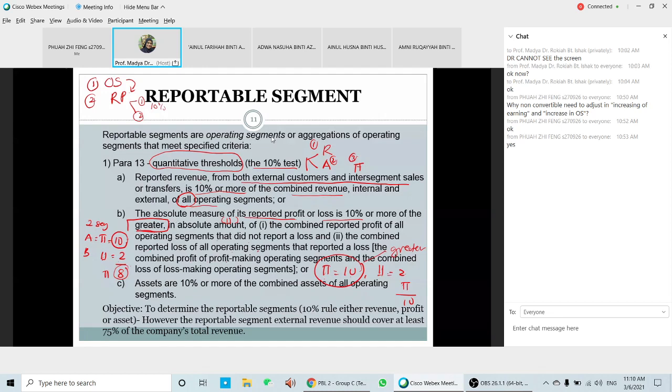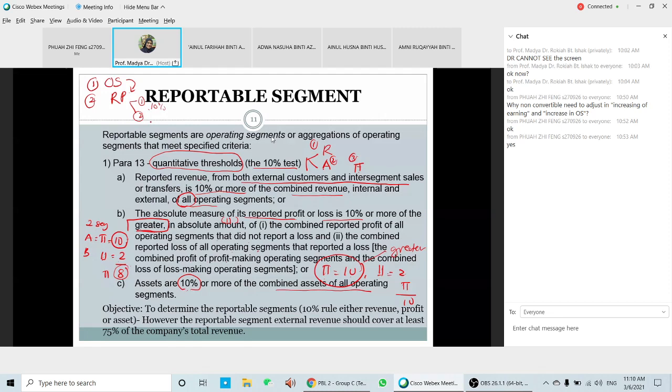Okay, assets of 10% or more of the combined assets of all operating segments. Assets also should be 10%. So we have three criteria here: revenue, assets, or profit. Any one of these should be more than 10% of all operating segments. That is the first criteria.